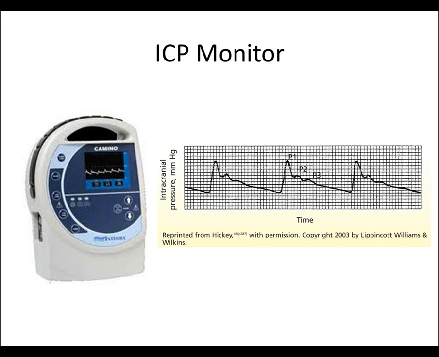What you want to see on the monitor is exactly that, where you have the 3 peaks in a row, a P1, a P2, and a P3. As your intracranial pressure increases, that goes from being 3 distinct peaks to more of just a hill or a mountain. And that's an indication that your intracranial pressure is rising.